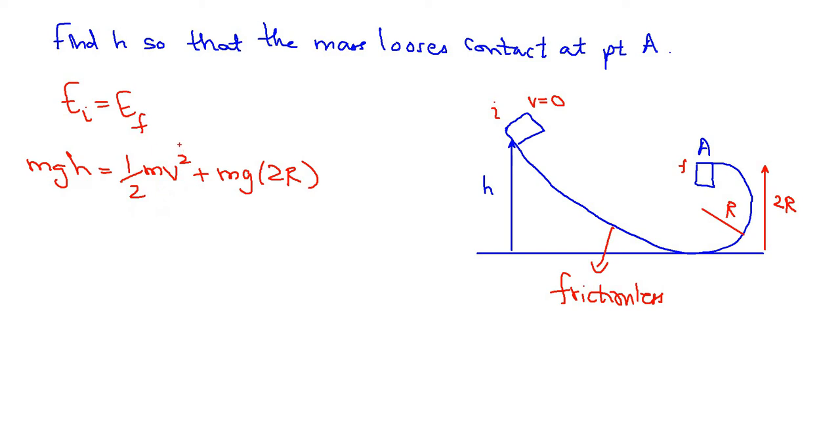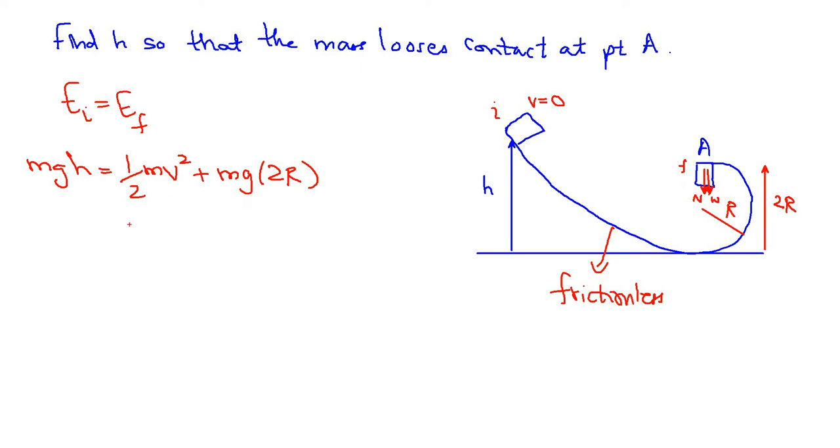Now we can look at the situation at point A and see what Newton's second law gives us. So let's look at the free body diagram at A. At point A, there are 2 forces acting on the mass: the normal force and the weight of the object.